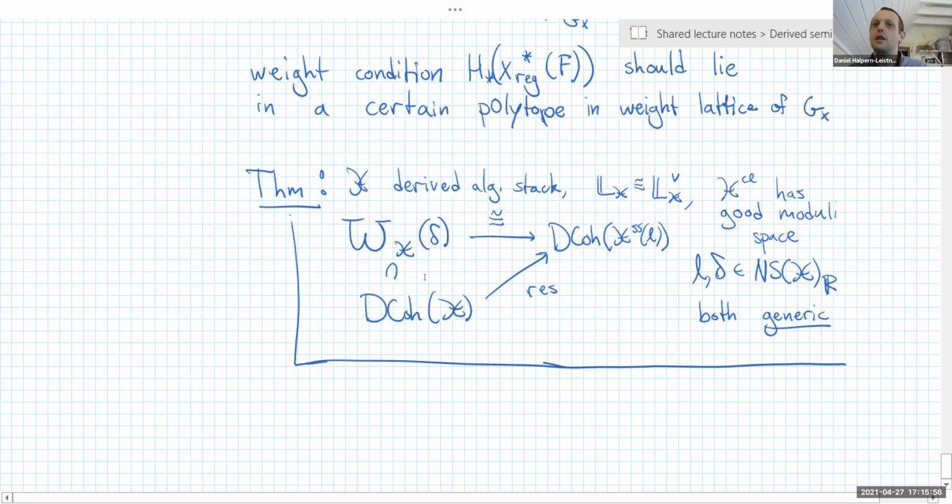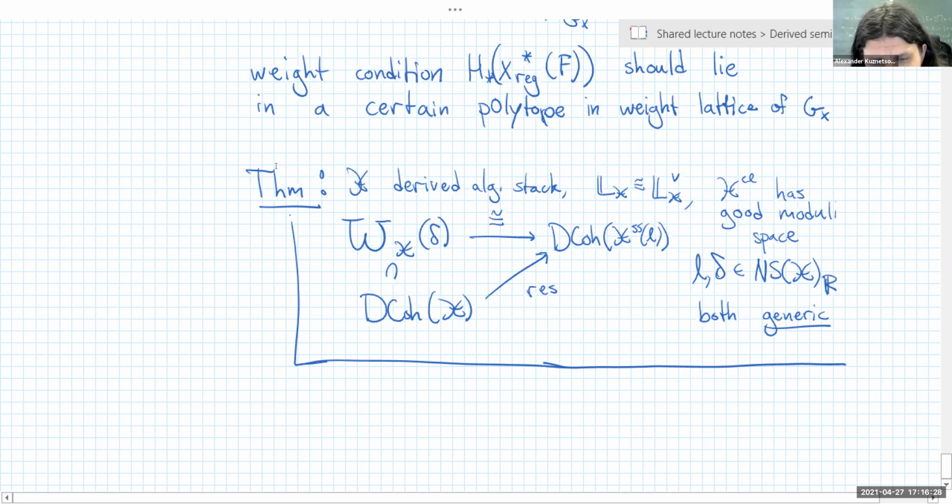You can take a non-generic stability condition and perturb it, realizing that as some class L in the Néron-Severi group, and the neighboring stability conditions correspond to different choices of the Néron-Severi class on the stack of non-generic semi-stable objects. I wasn't actually planning on talking about that, just as motivation, but this is the general theorem.